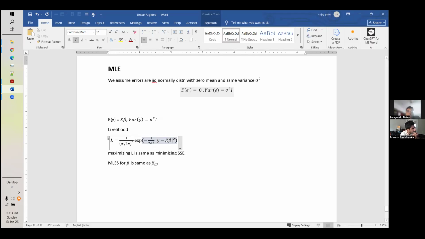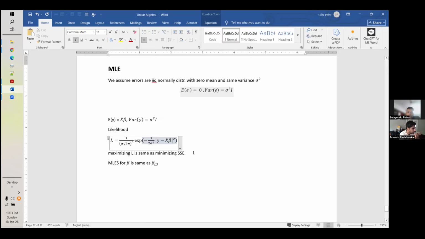And the 1 by 2 sigma square can be ignored because it is a constant. So I have to minimize this y minus x beta norm square. That's what I'm saying: maximizing L is the same as minimizing this sum of squares of errors. That makes sense.